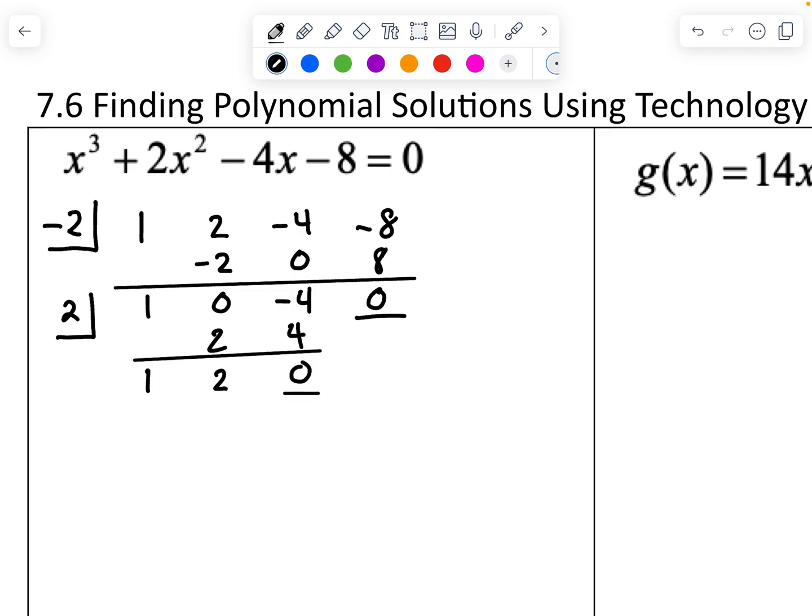So in fact 2 is the solution. We knew that already. But what we have left is x plus 2 equals 0. So another solution is -2. In other words, the solution -2 showed up twice.